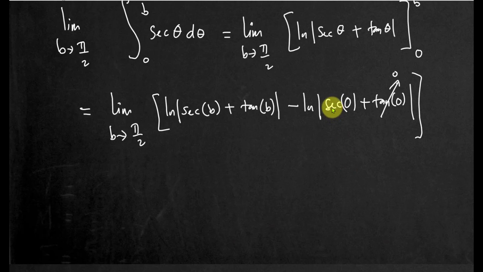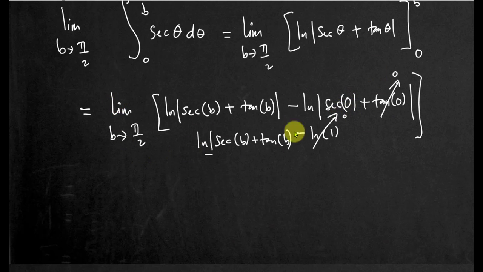Okay, and secant of 0 is 1 over cosine of 0. 1 over cosine of 0 is just 1, so we have ln of 1 for the whole thing. Okay, minus that, and we still have ln of the absolute value of secant of b plus tangent of b, and then minus ln of 1. But ln of 1 is, again, 0, so this whole term on the right here is 0.